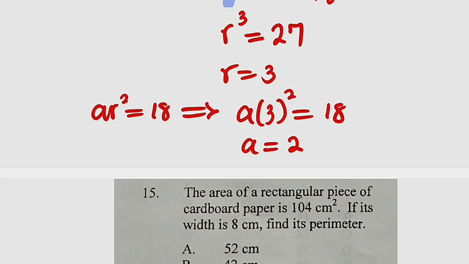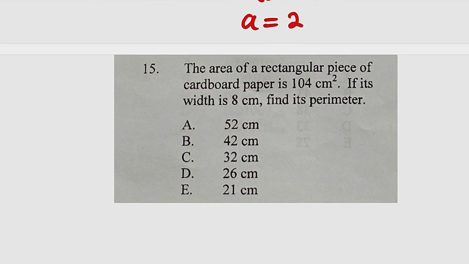Question number 15. It reads, the area of a rectangular piece of cardboard paper is 104 cm squared. If its width is 8 cm, we are asked to find the perimeter of that rectangle. So let's assume we have the rectangle right here.